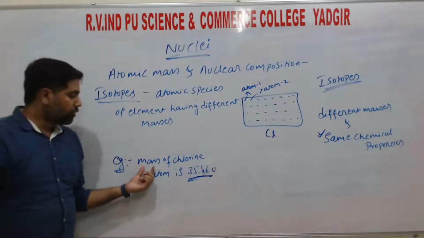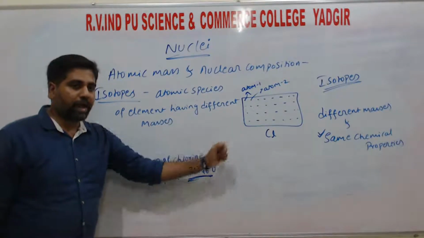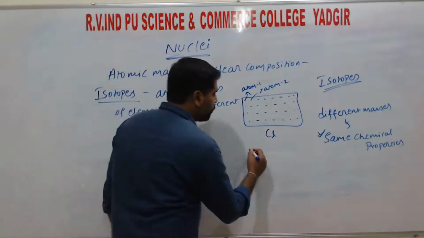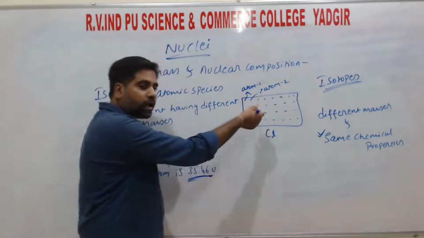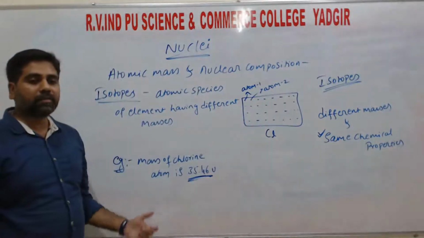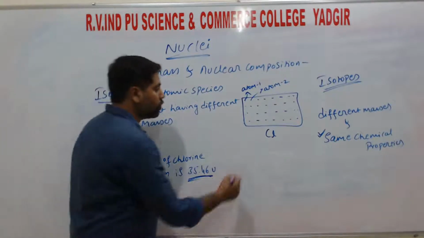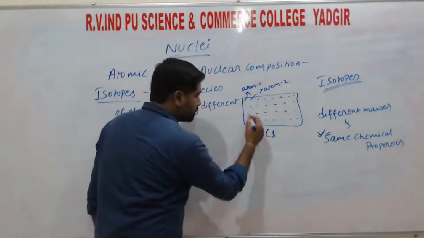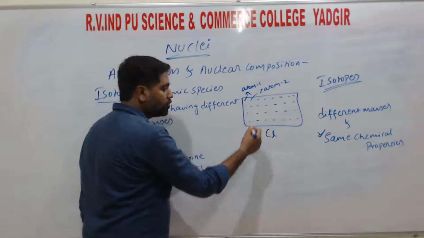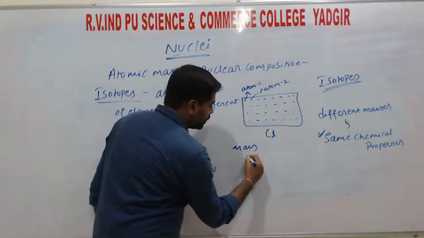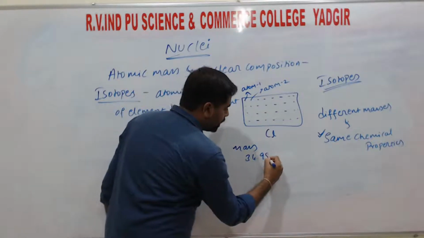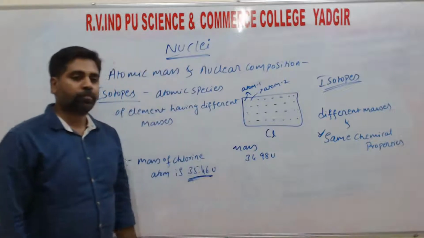So here in chlorine we have two types of masses, that is two types of atoms. Certain atoms have the mass 34.98 U, right?